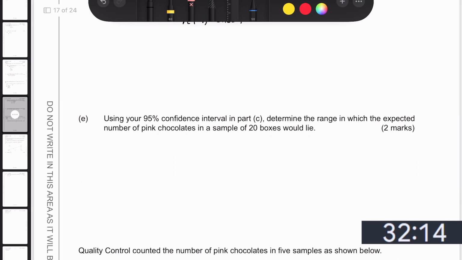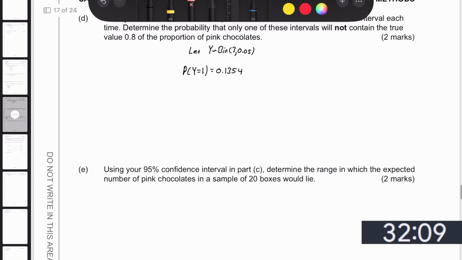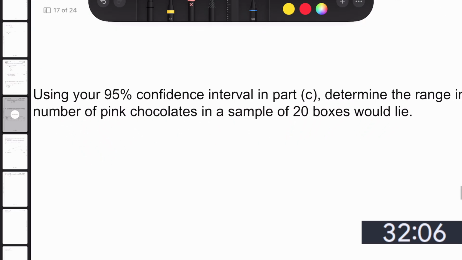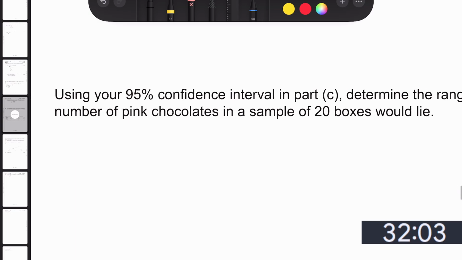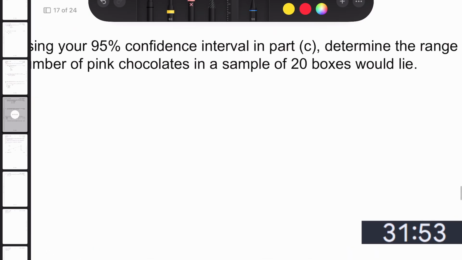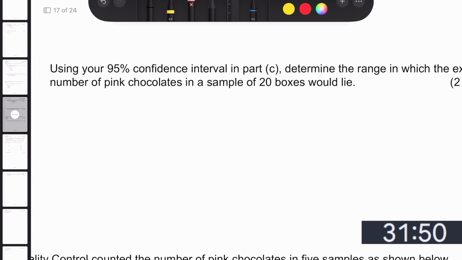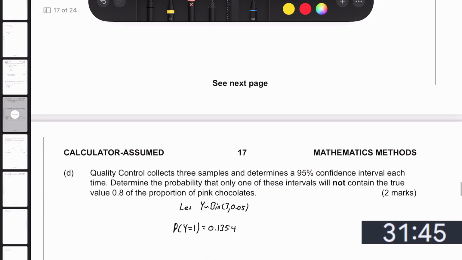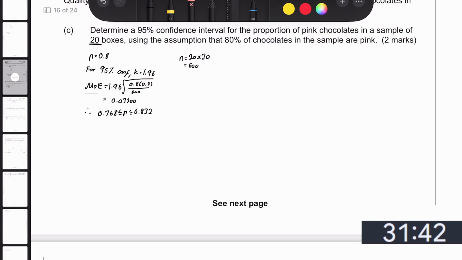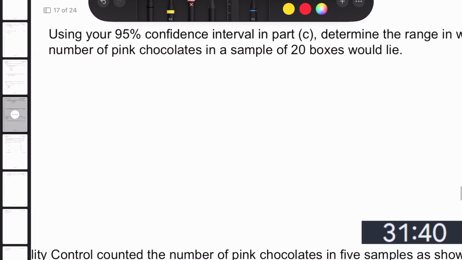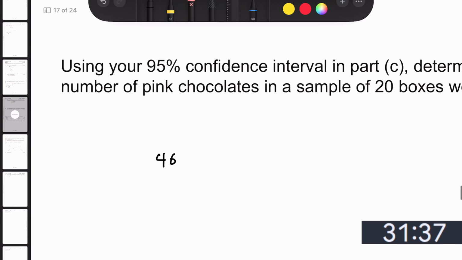Using a 90% range in which the expected number of pink chocolates in a sample of 20 boxes would lie. So it's going to be 600 times the proportion. Is that a nice way to write it? How many marks is this? 2. Okay. So the lower proportion, 0.768 times 600, is about 460.8.